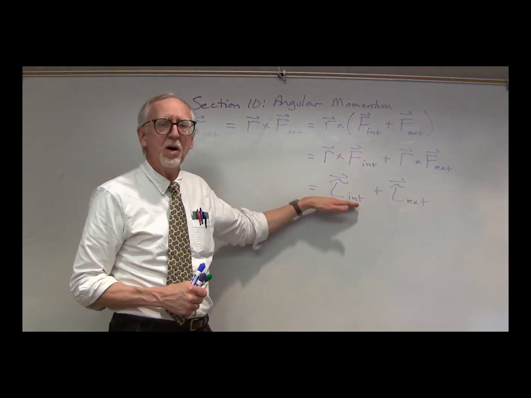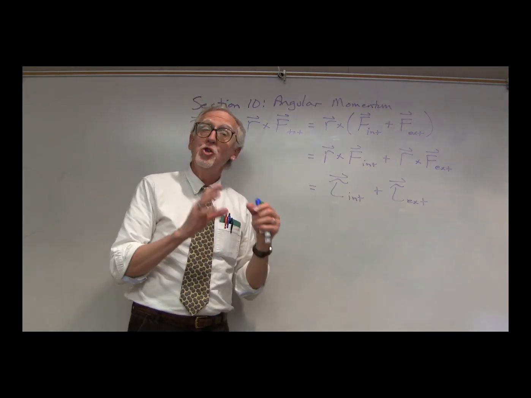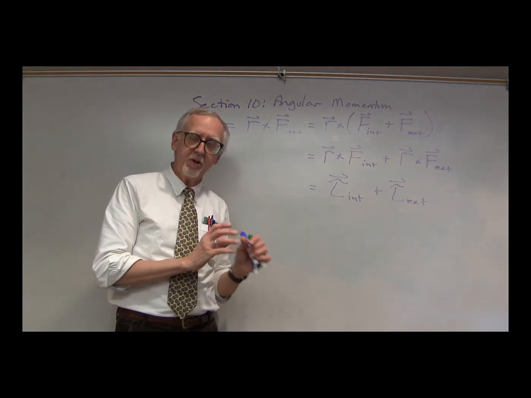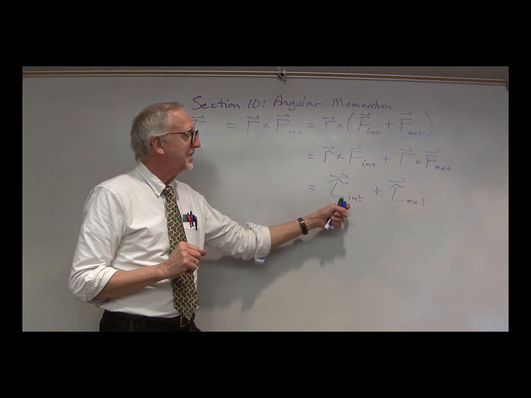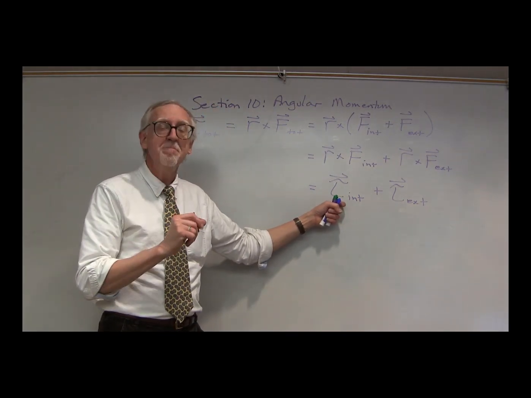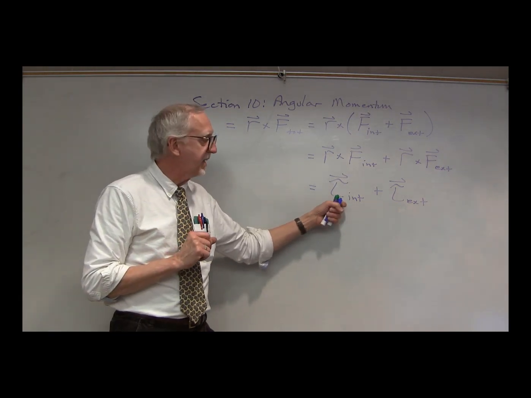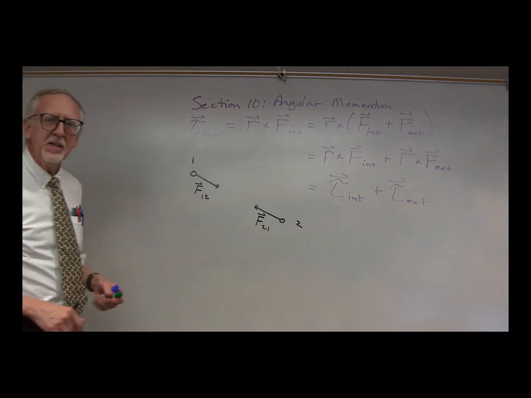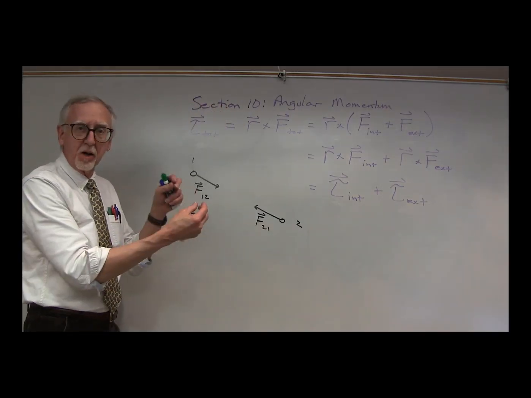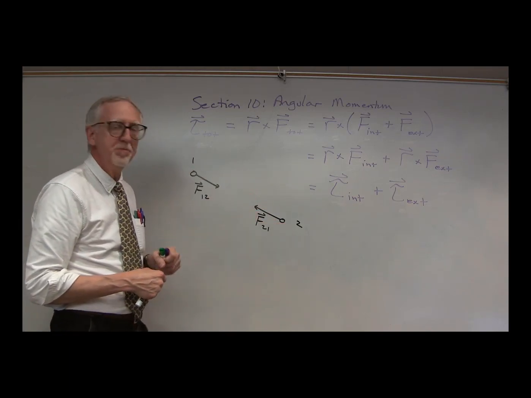Now, what is the total torque acting on a system due to the internal forces, only the internal forces? Well, let's take a look. Let's pick two objects and look at the interacting forces between them and see what that does to the torque acting on the system. Let's imagine we've got two particles, two objects within our system, object 1 and object 2.